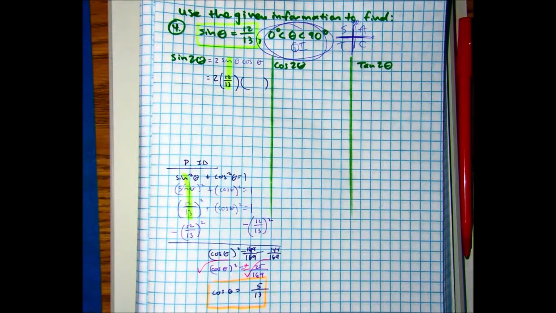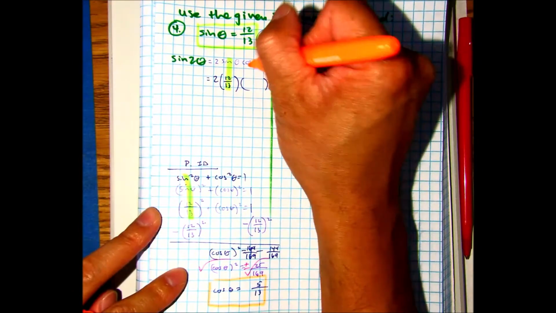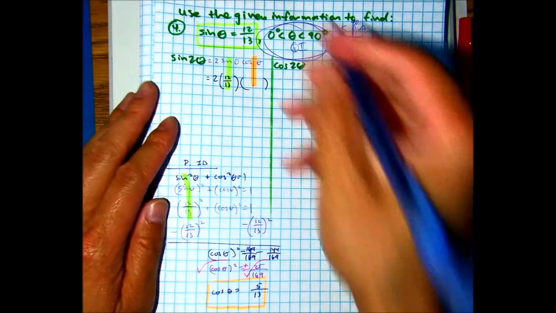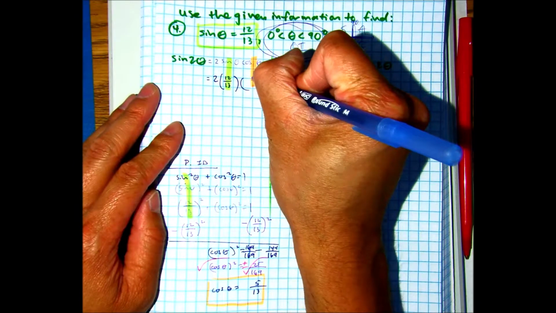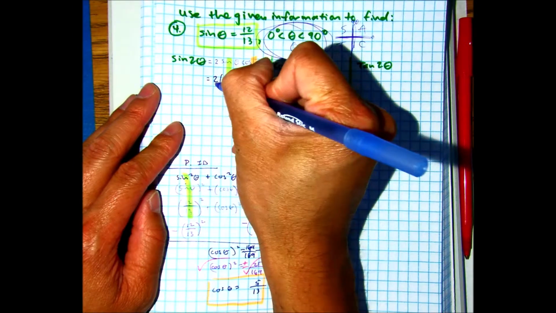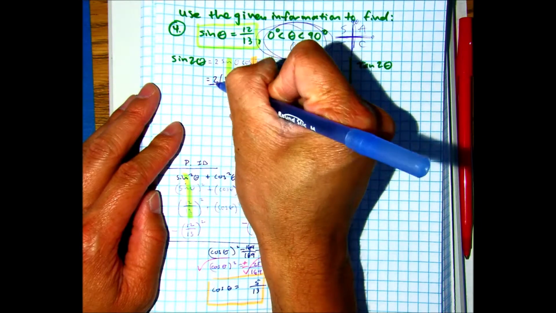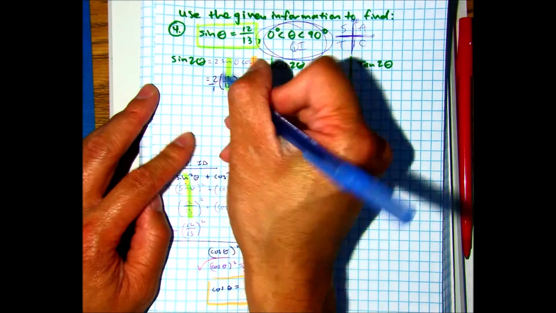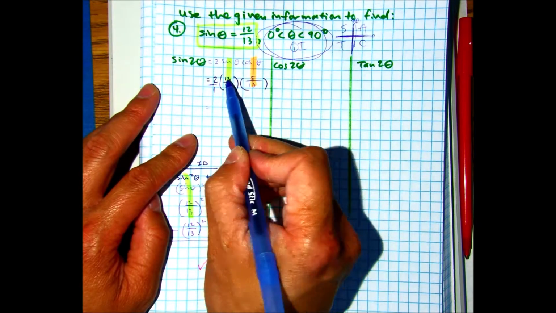Alright, so what do I do with that? Substitute it in here. Okay. Now, I'm just going to multiply all the numerators and then multiply the denominators. If I multiply 2 times 12 times 5, you get?